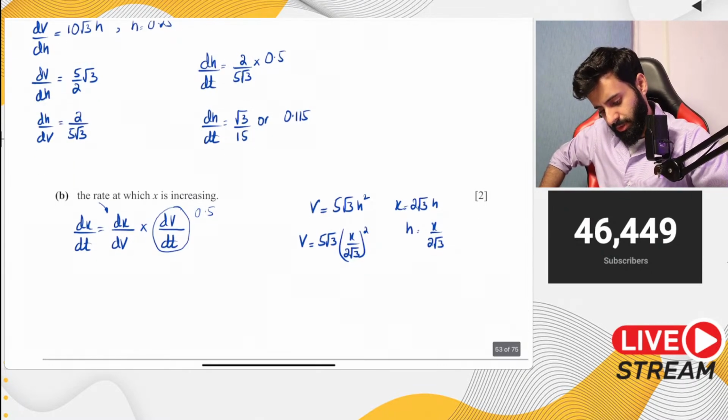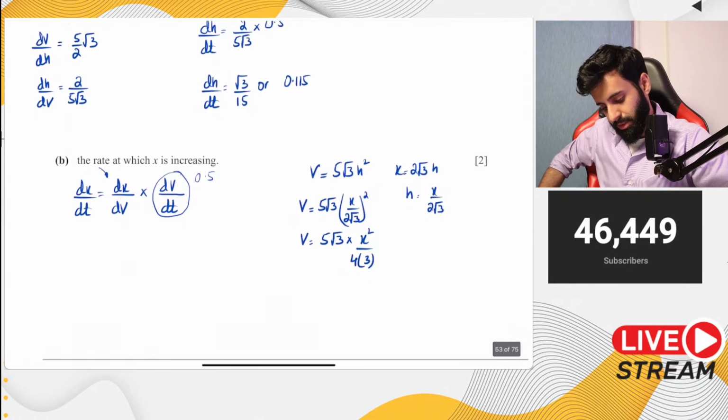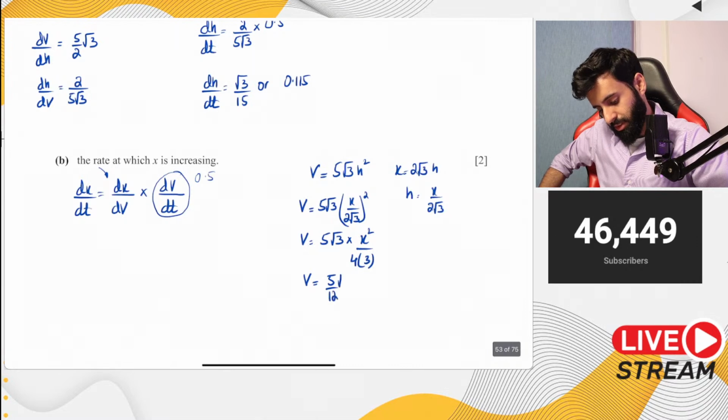Now for this, you don't really have to use a calculator. So 5 under root 3 into x squared upon 4 into 3. In fact we can't simplify, so we'll just let it be. So volume is equal to 5 upon 12 under root 3 x squared.